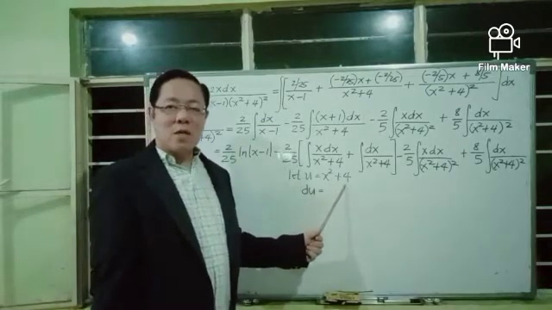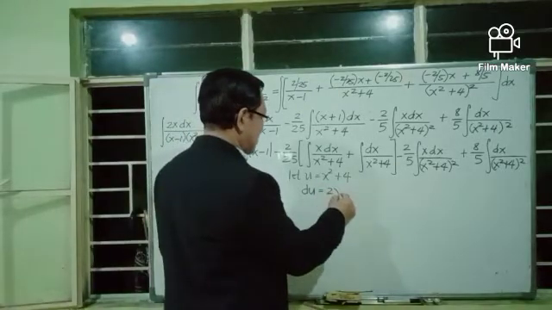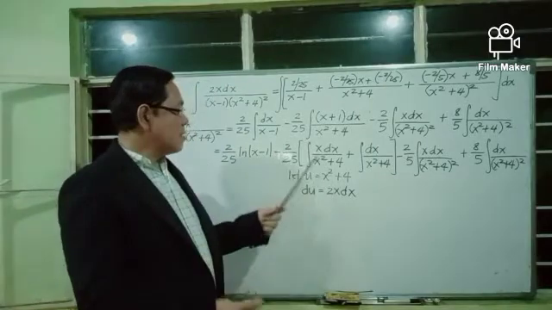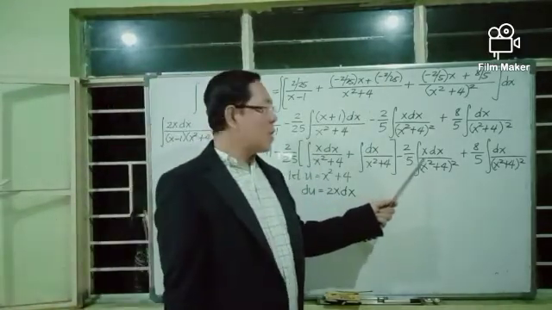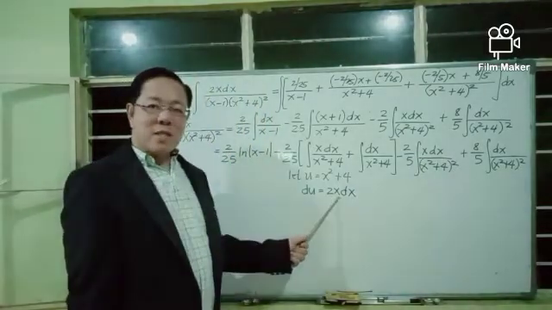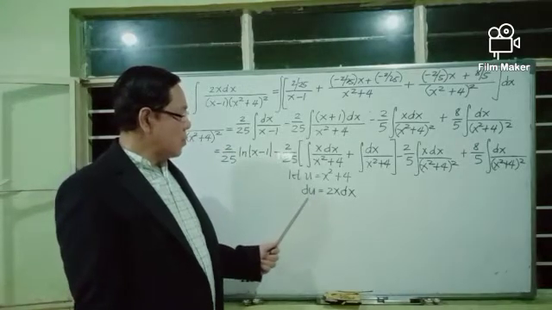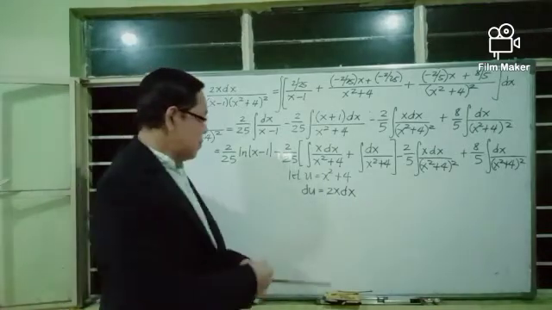The derivative of 4 is 0, multiplied by dx. And in this integral, we have x dx in the numerator, as well as in this integral. So we solve for x dx from this equation by dividing both sides by 2. So x dx equals du over 2.